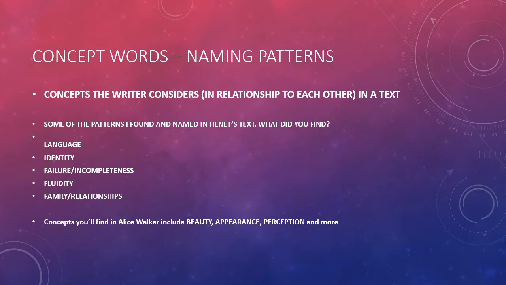And when you're examining the text, that's one of the things that you're looking for. The concepts the writer considers are important. And you're also considering the relationship to each other of those concepts. So I found in Hennet, language, identity, failure or incompleteness, fluidity and family relationships.